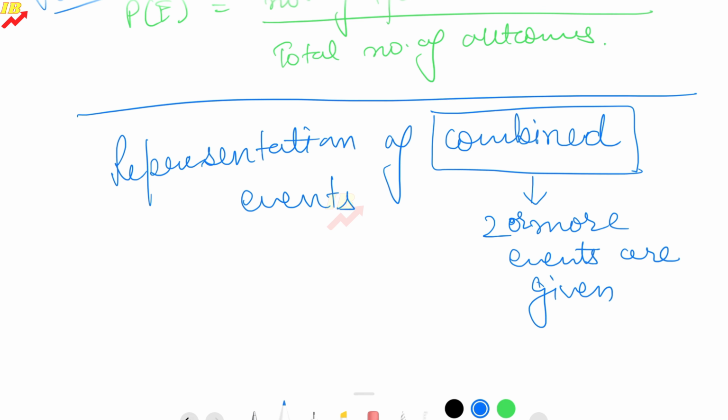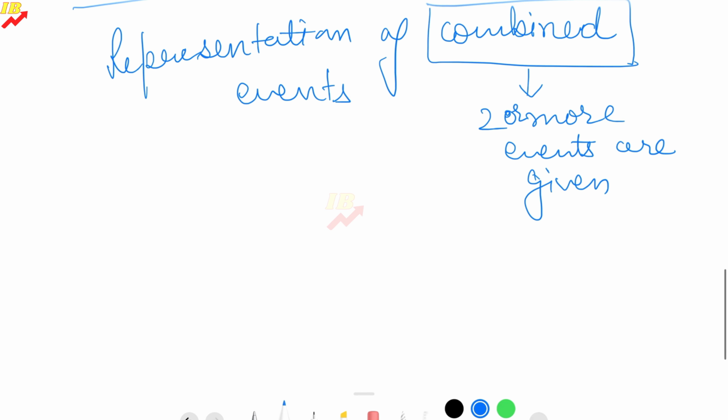Combined itself means they're not talking about one event, they're talking about more than one event, right? So it may be two or more than two events. So what is representation? Representation basically stands for how we are going to denote it in the exam. What formulation, what technique we are going to use here.